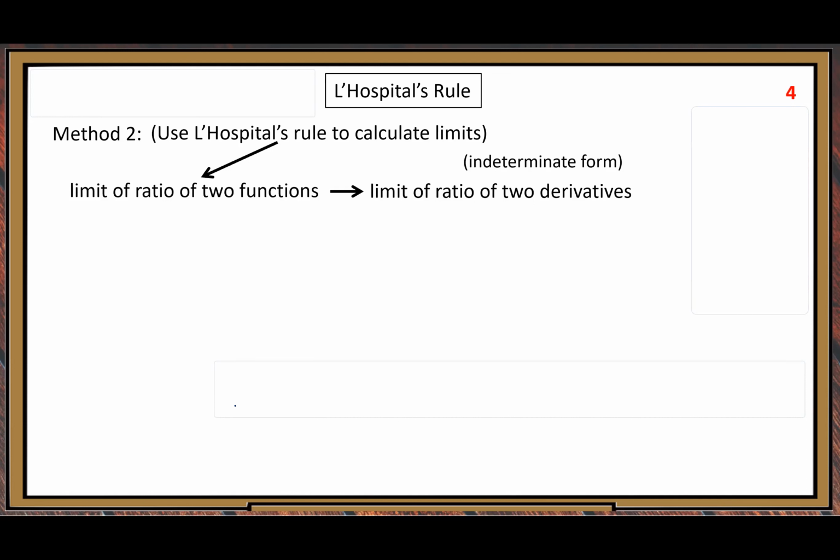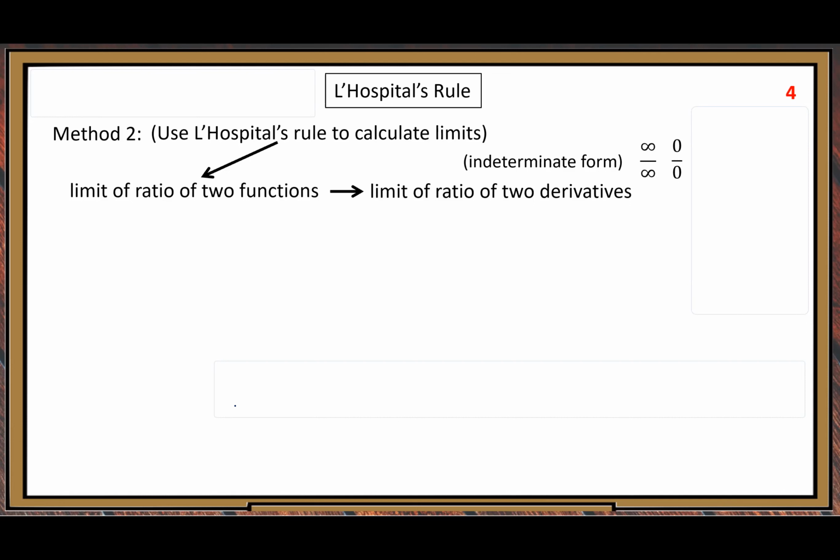The condition is that the ratio should be in a form called an indeterminate form. What's the indeterminate form? Here I give you two. The first one is infinity over infinity.